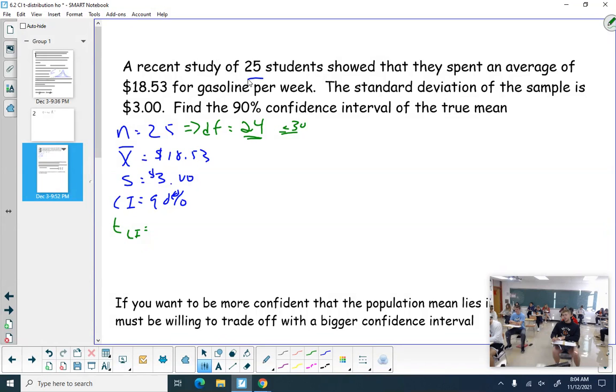We slide down to our degree of freedom of 24, then slide across to the confidence interval of 90%. What is our t value there? Vanessa? 1.711. 1.711.